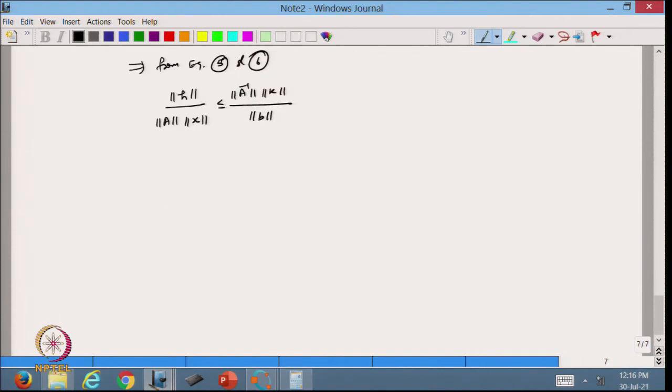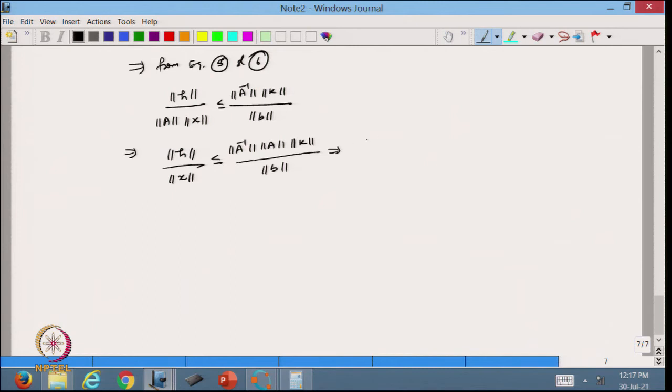Now, after doing this one, we can write h and k, the norm of A inverse, the norm of A, and then x. So let's keep x here and let's keep k here.